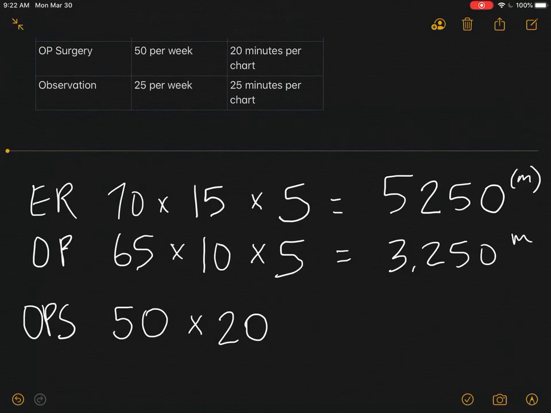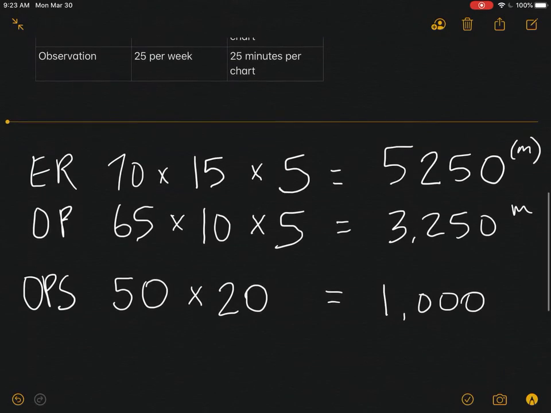Now we're not doing times 5 here because we only have 50 over that 5-day period. So that could be 10 a day, it could be 15 on one day and 5 the next, and then 10 a day for the rest of the week. It just depends on where they fall in that surgery schedule for this facility. So 50 times 20 is our equation, and that is 1,000 minutes.